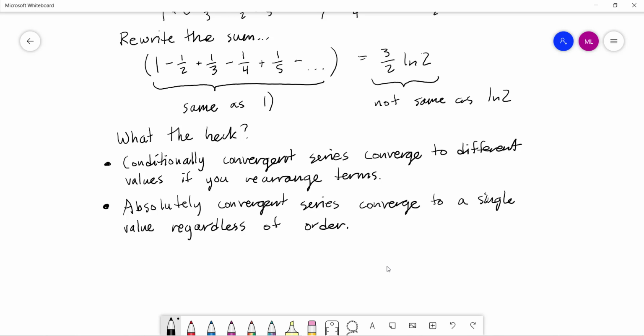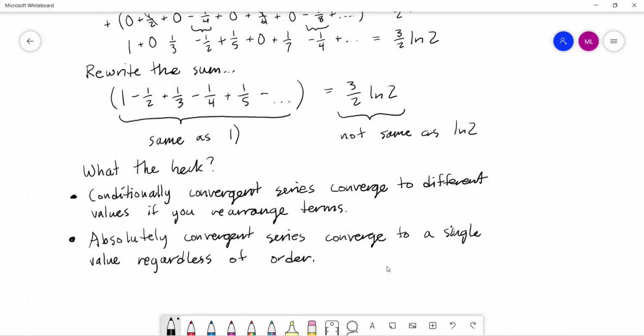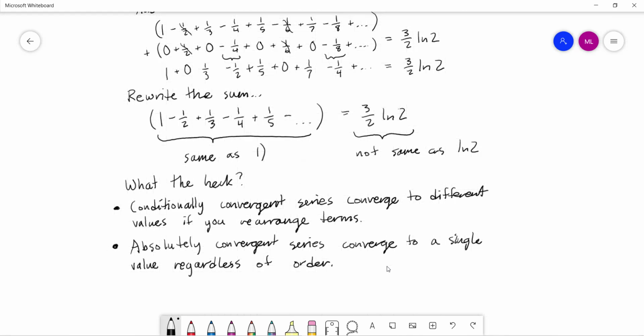So basically, it turns out that when you start to mess around with infinity and infinite series, some incredibly weird, counterintuitive things can start to happen. And that's exactly what's going on here. And it turns out the reason that we care about absolute versus conditional convergence is even if we can show that two different things are convergent, it's really only absolutely convergent series that we can trust to always converge to the same single value, regardless of how the terms in that series are reordered.